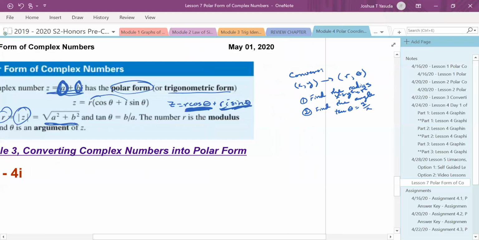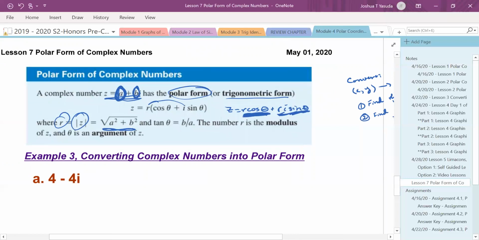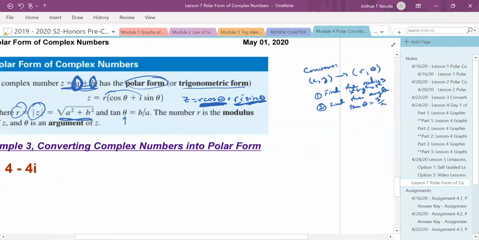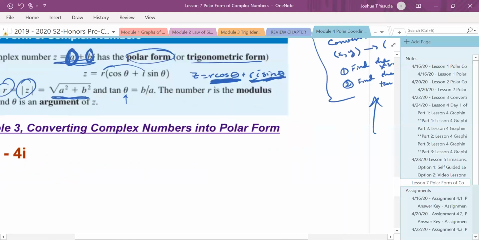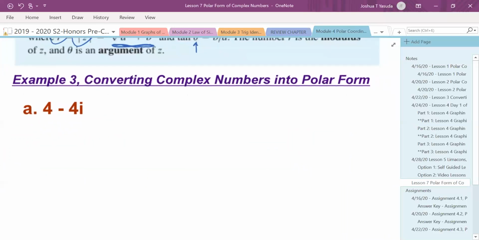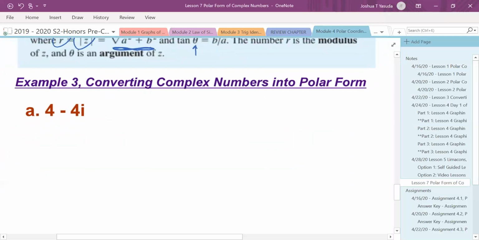And then the argument is theta. So tangent of theta equals b over a, or tangent of theta equals y over x, like we did. So we're really actually going to do basically just this step. These are the steps to convert. So hopefully it's nothing too crazy. But we might actually have to do a little extra thinking since we have to make sure that the angle is in the same spot.